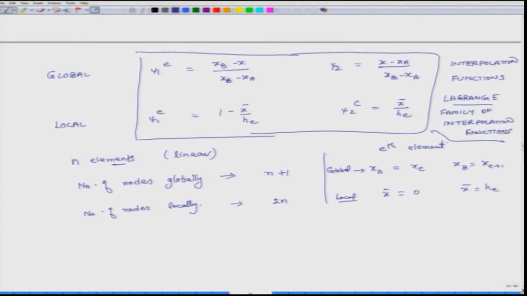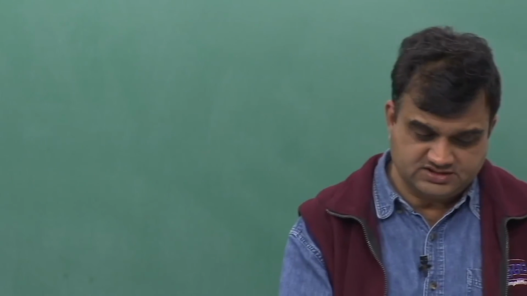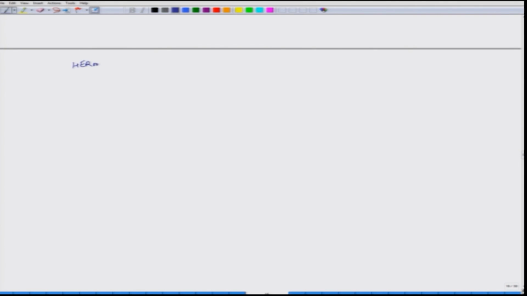Then there is another class of functions known as the Hermite or Hermitic family of interpolation functions, and these functions are developed not only on considerations of the primary variable, but also its derivatives.